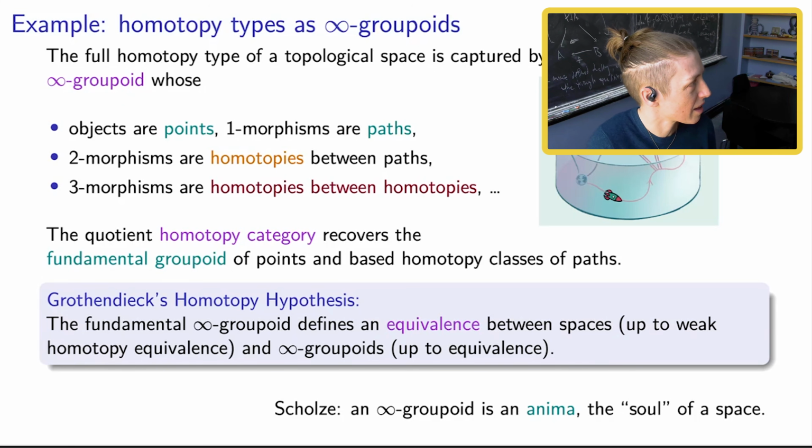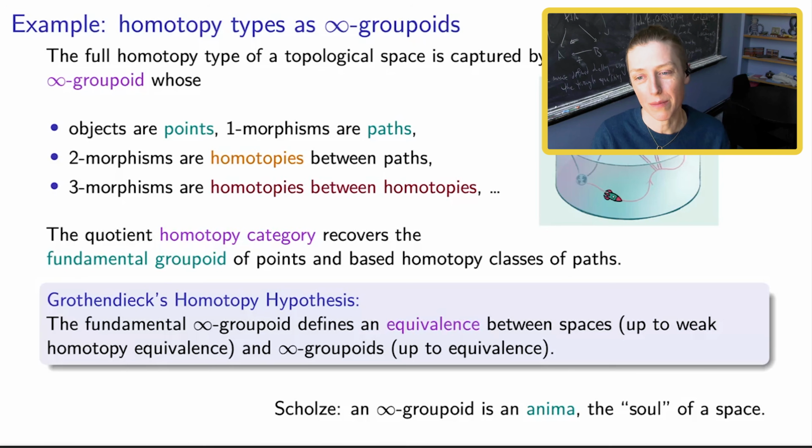I'm imagining a construction where the infinity groupoid is finite in some sense, or finitely presented, meaning you have generating morphisms in each direction, and then you're building the space like you would build a CW complex.